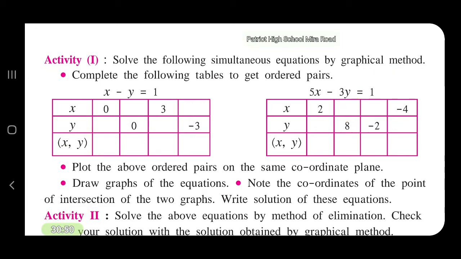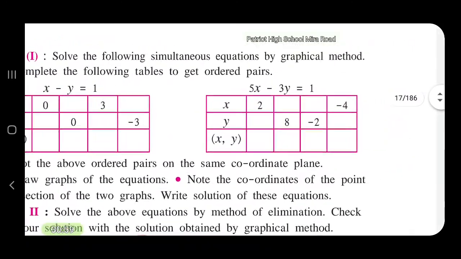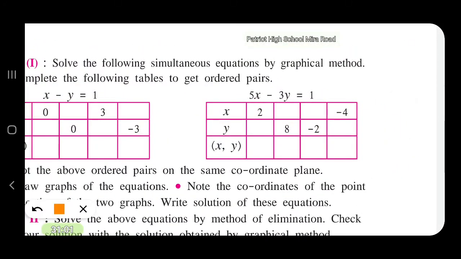Then you have y is equal to minus 2. Substituting y is equal to minus 2 in this equation, we have 5x minus 3 into minus 2 is equal to 1. Therefore 5x plus 6 is equal to 1.